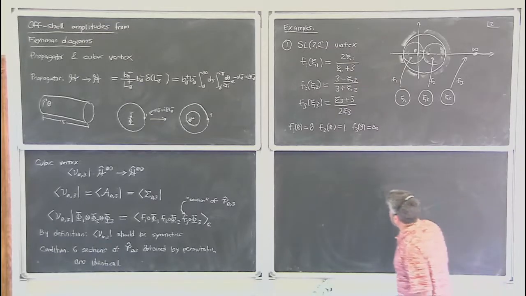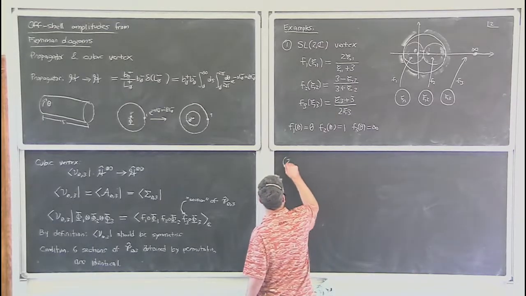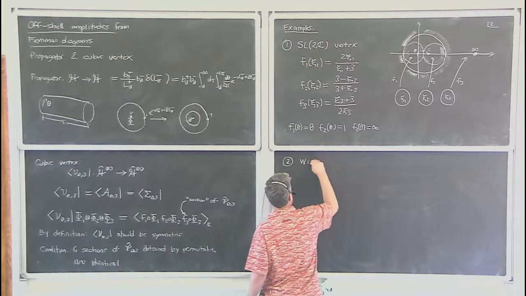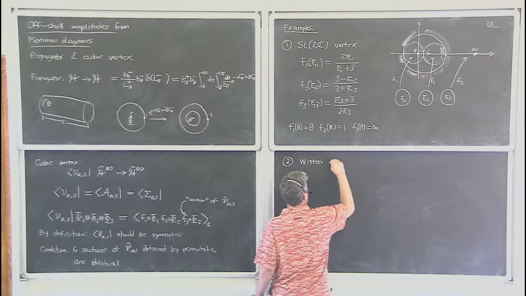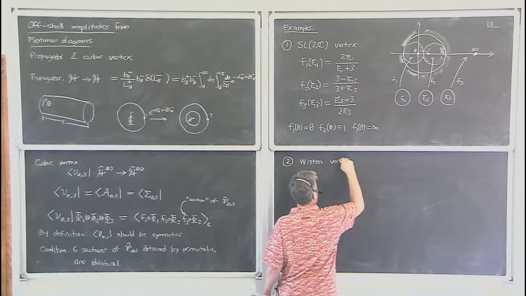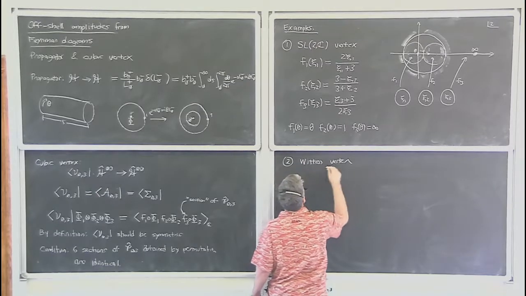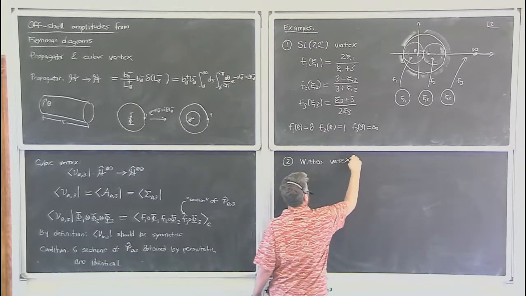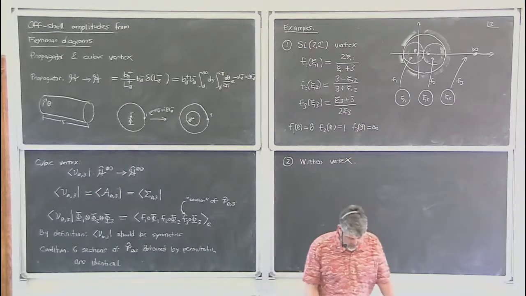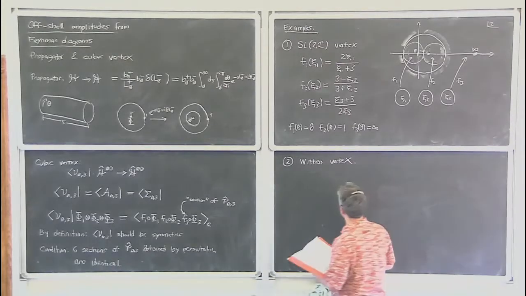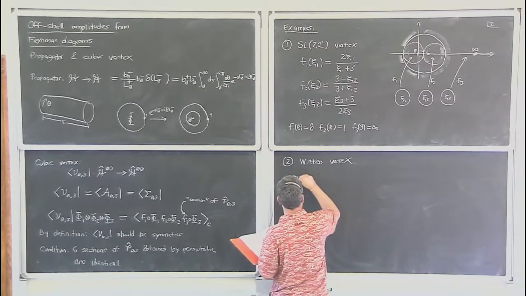Okay, so another example is the Witten vertex. Okay, and this is given by these conformal maps.